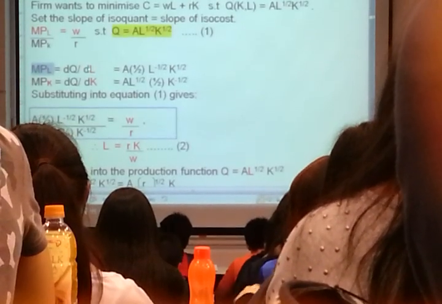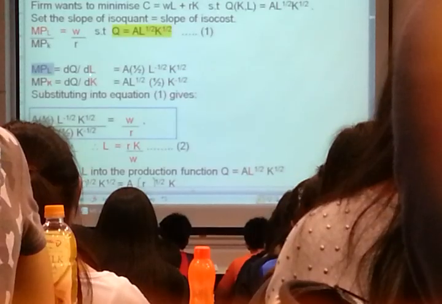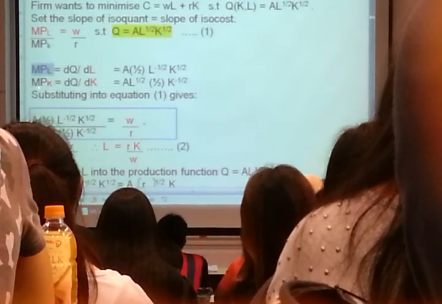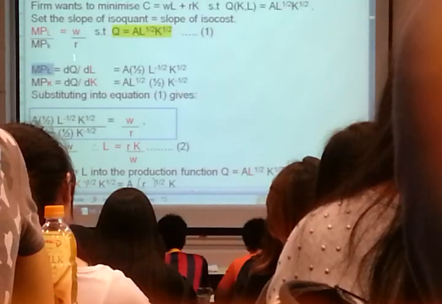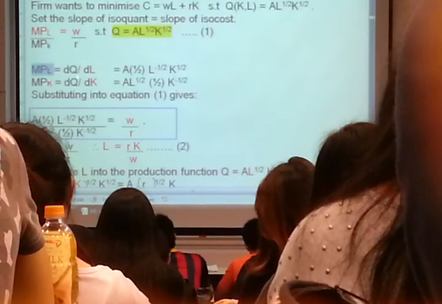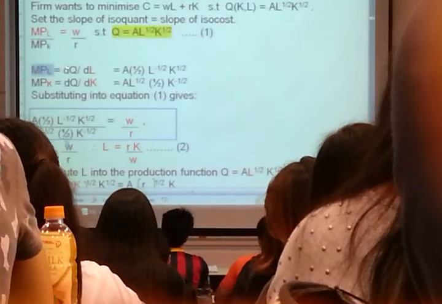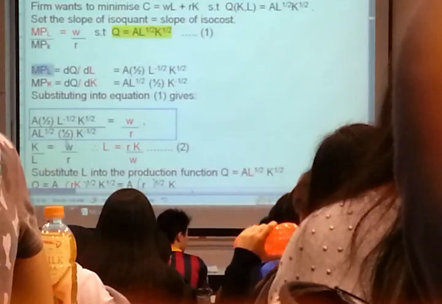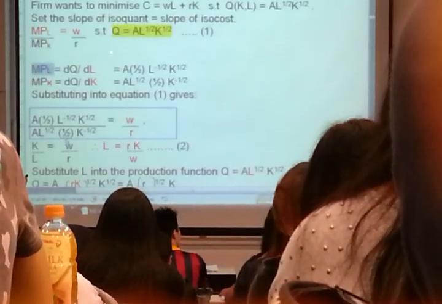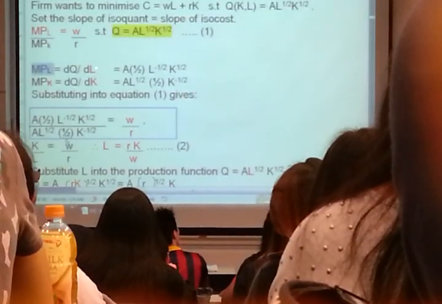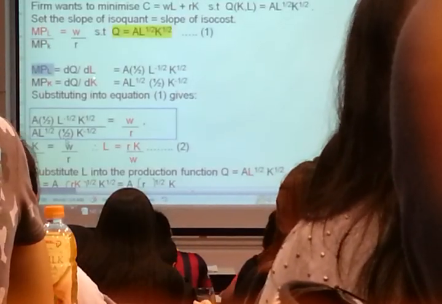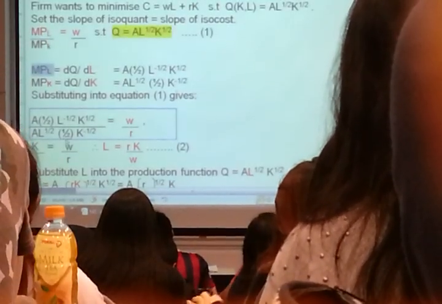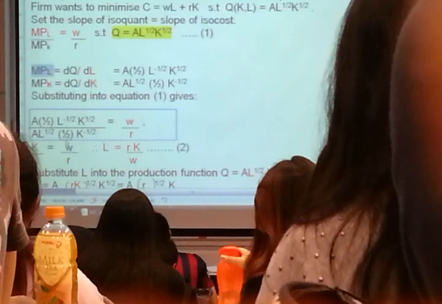Marginal cost, additional cost. Marginal revenue, additional revenue. Marginal utility, additional utility, DU. Marginal product, additional product, DQ. Product and quantity are the same thing. So the marginal product of labor is the additional product produced by one more worker. The marginal product of capital is the additional output produced by one more machine. Simple?